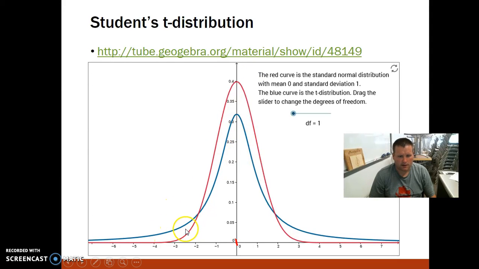If you notice, there's a lot of difference down here in the tails, right? And that's because of that small sample. The small sampling size leaves this uncertainty in the tails. We just don't know exactly what is in this tail and how much. And so that's why that's changed. So the blue line again is the T, and then the red is the normal curve.